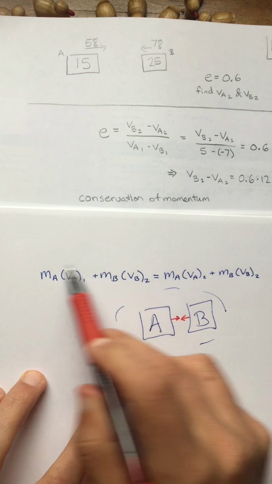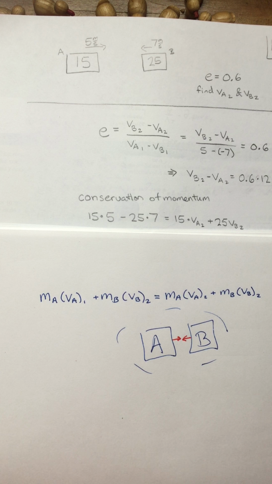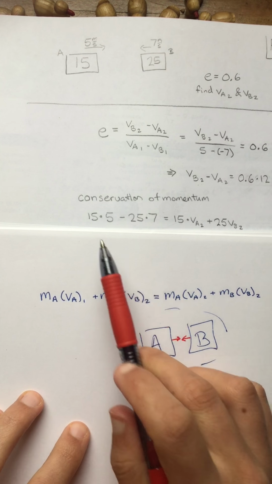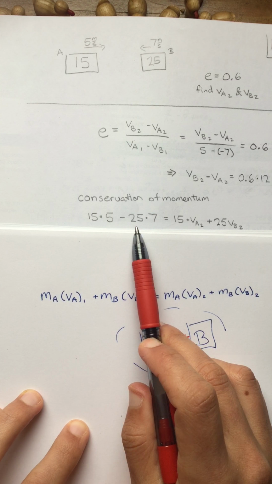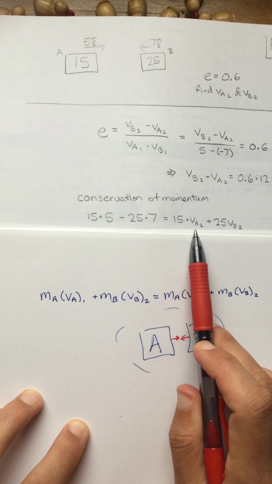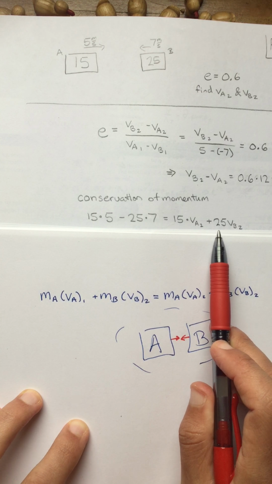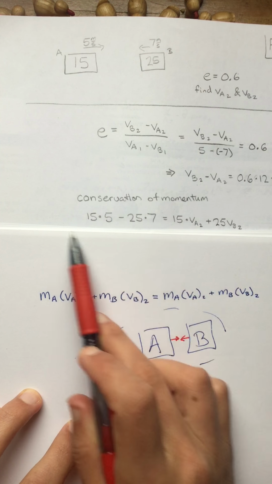So I can use this equation for the conservation of momentum, and remembering that to the right is positive, I have the mass of car A times its initial velocity. The mass of car B times its initial velocity, which is negative, is equal to the mass times the final velocity of car A plus the mass times the final velocity of car B. So that gives me what I have here.